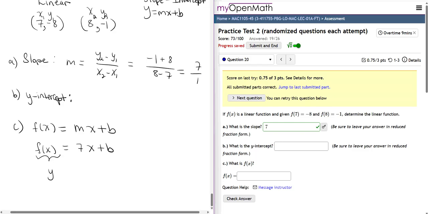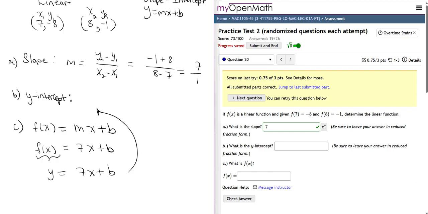I'm also going to write y instead of f of x just to make everything seem easier. And now I can use either one of my points given here to replace the x and the y and then solve for b. Because all I need now is the b for this part. For part b, I need b. And then I need the actual total function. So if I just find b, I'll have the answers for both of these parts.